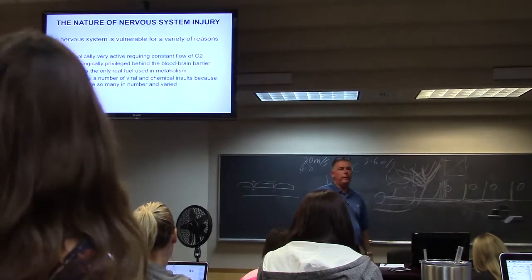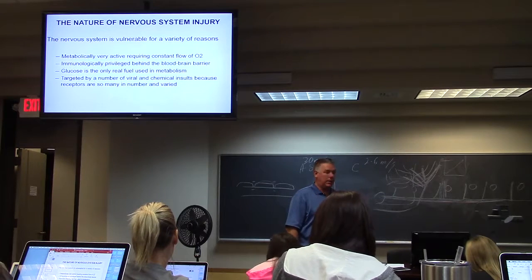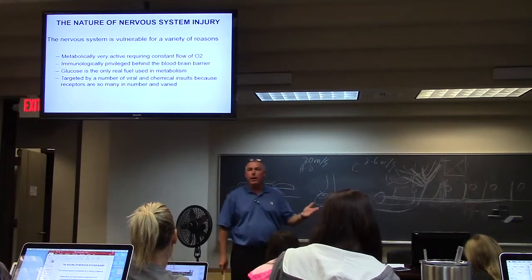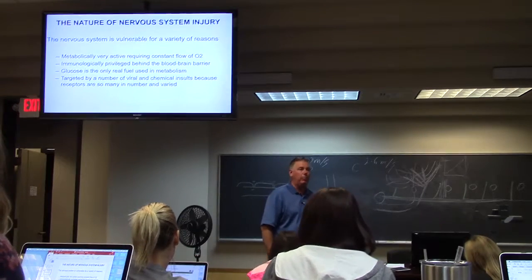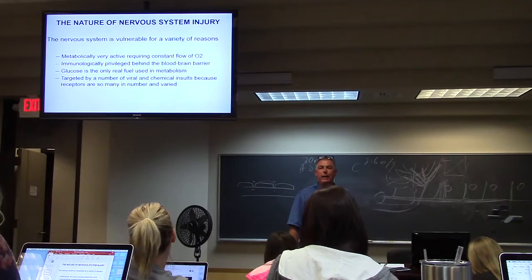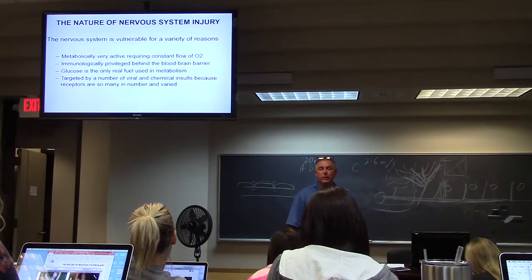You know that the central nervous system has a huge requirement for oxygen, again taking up 25% of your cardiac output. So, very metabolically active system for no more weight than it is.